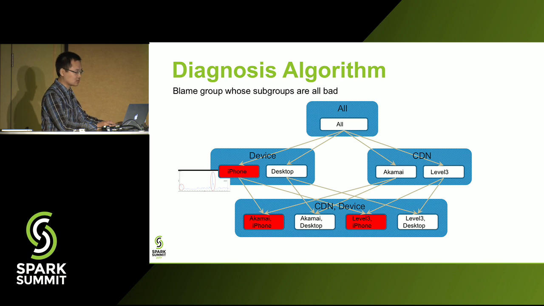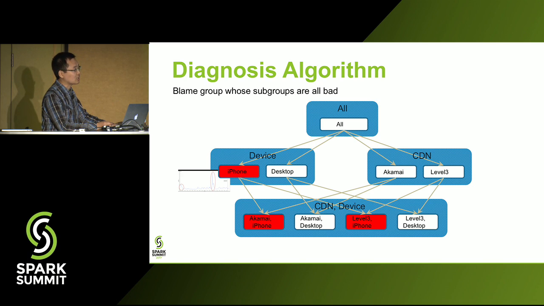So to find the root cause more systematically, first we need to construct a diagnosis graph like this, where each node represents a group, like iPhone and Alchemy iPhone. And the link indicates a parent-child relationship. A parent group like iPhone is split into multiple subgroups.